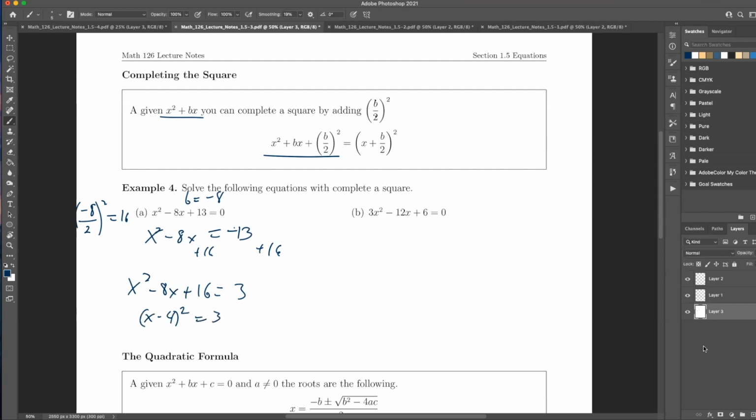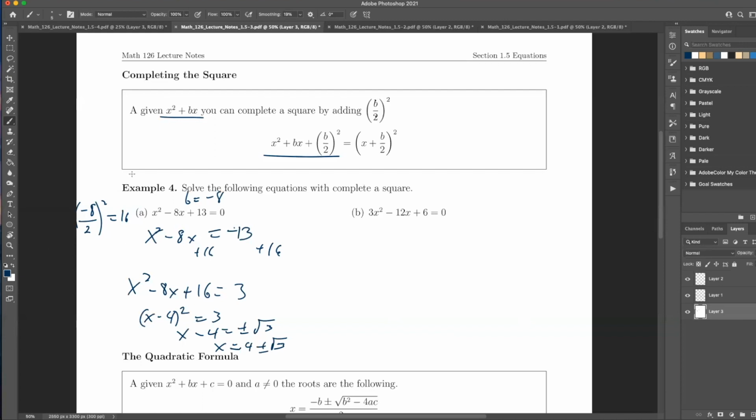And then I can solve it from here, exactly like we did last time. This will be x minus 4 equals plus or minus the square root of 3, or x equals 4 plus or minus the square root of 3.